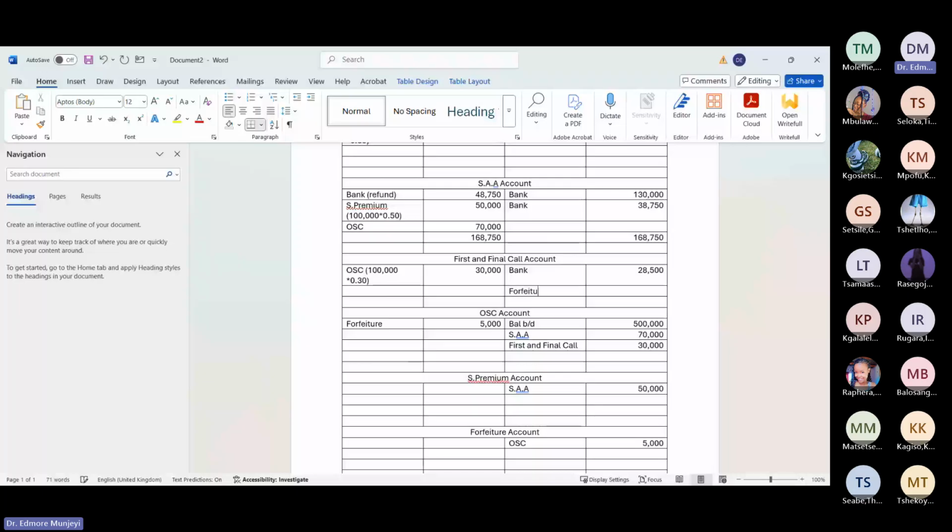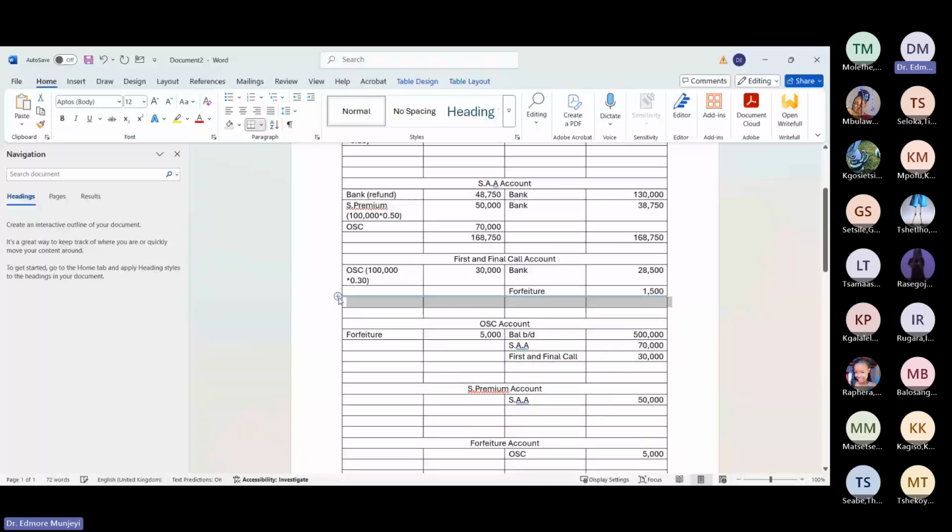So we are going to credit the first and final call by that 1.5. Now we do the total from the credit side. It is going to be 30,000. So balance the first and final call account. That's how we get the OSC 30,000.